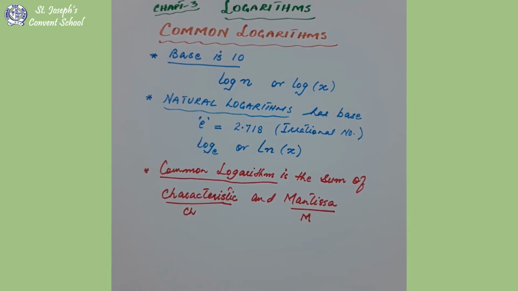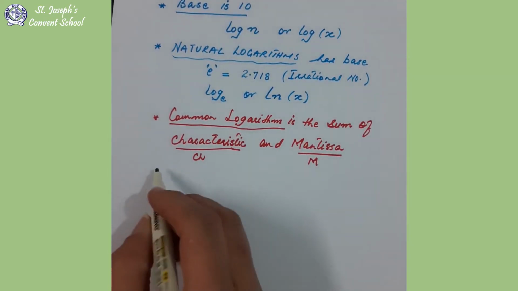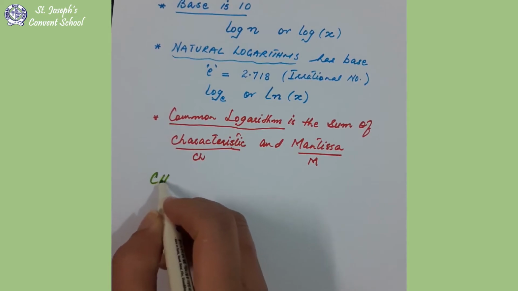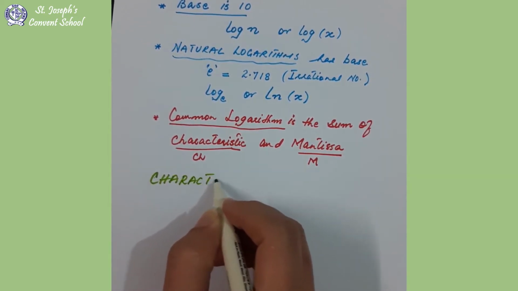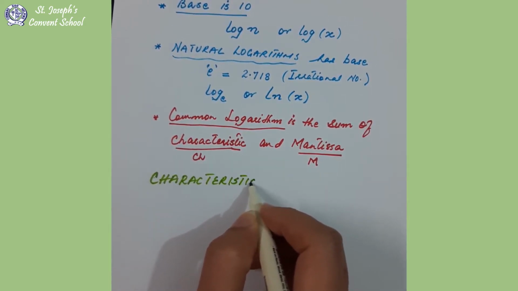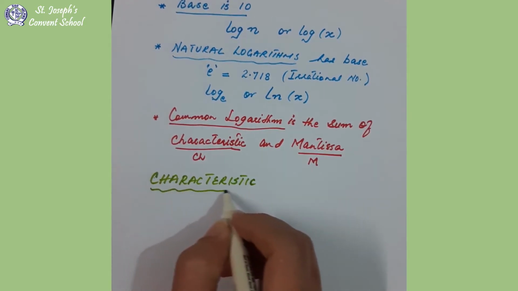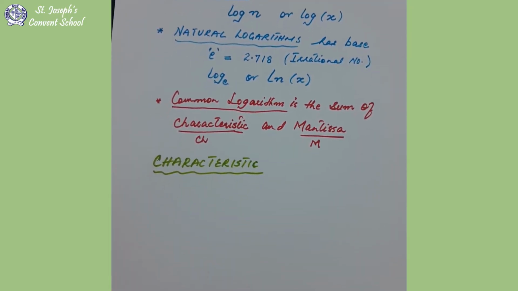Let's start with the characteristic, what it is. The characteristic, you must have done the scientific notation. It is actually the part of that scientific notation.